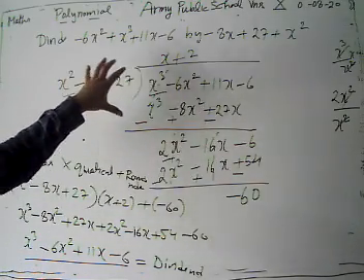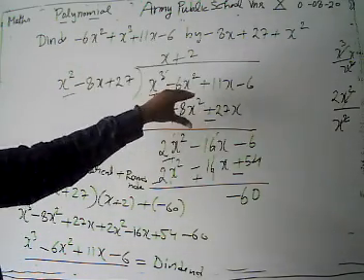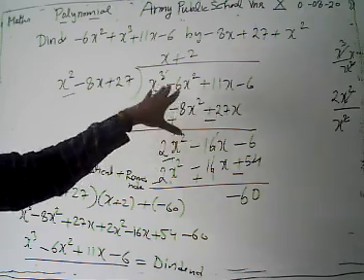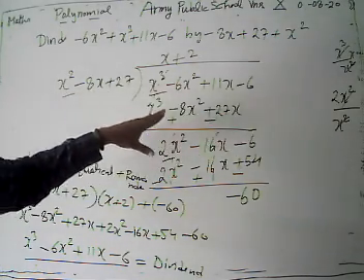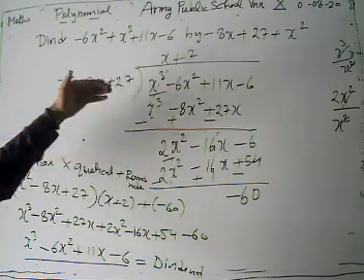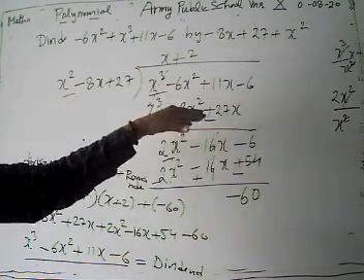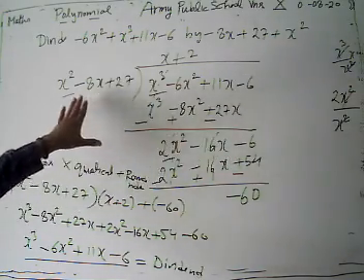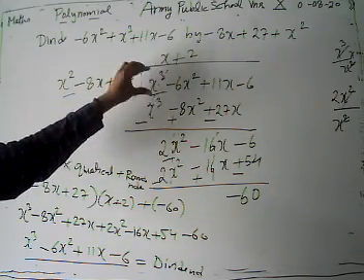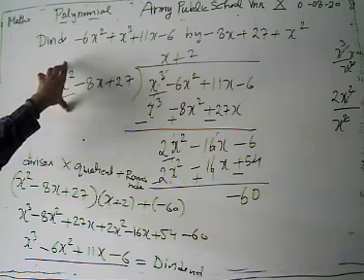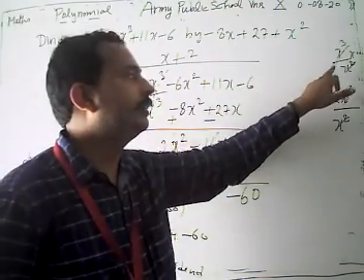First of all, we take our divisor and our dividend and arrange them in descending order of the degree of the variables. After making all the terms descending, we start our division. How do we divide? Take the first term of the dividend and the first term of the divisor and divide. We get x.